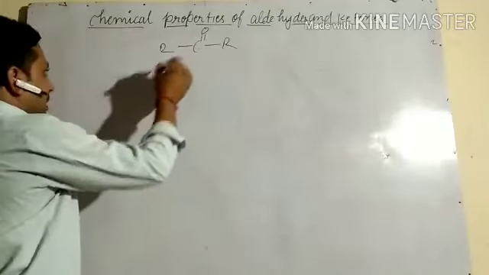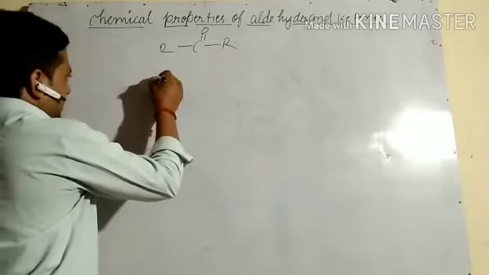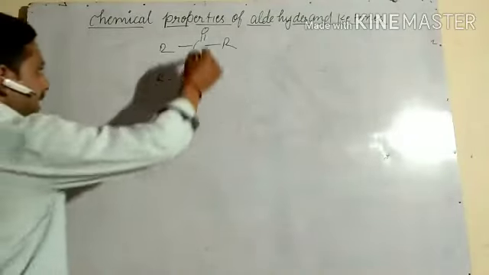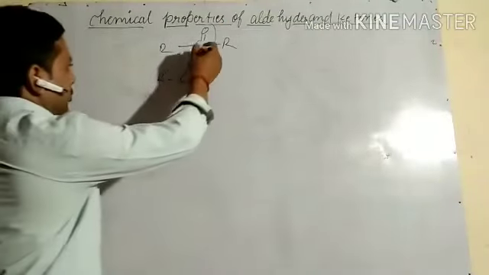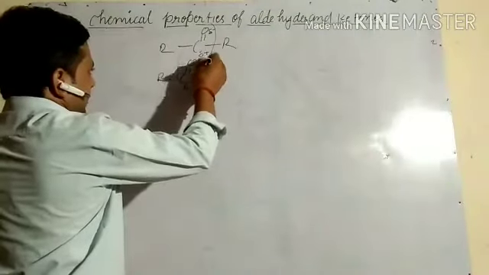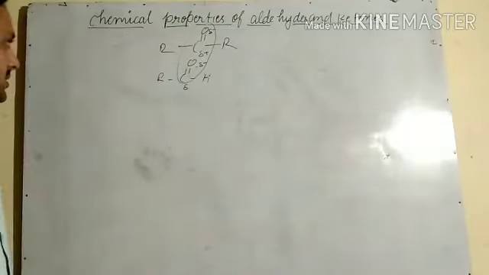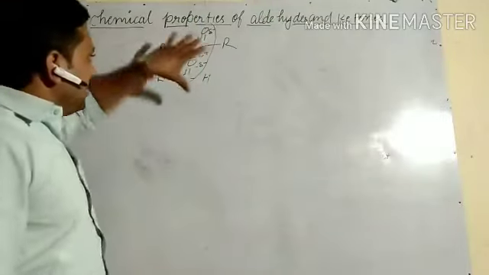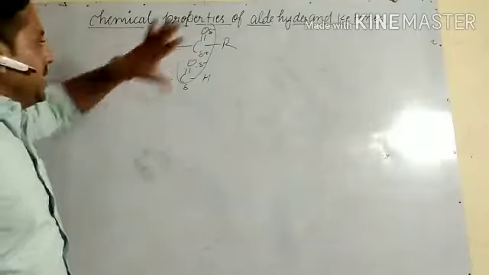That is a ketone and this is an aldehyde. Aldehydes and ketones both possess a polar carbonyl group, so they show similar chemical properties and similar reactions.